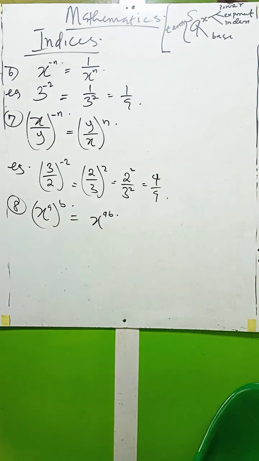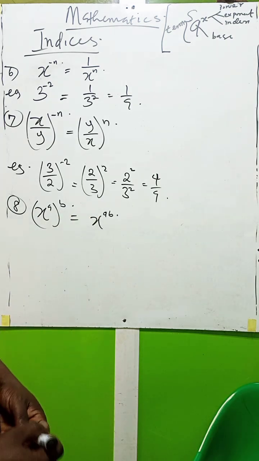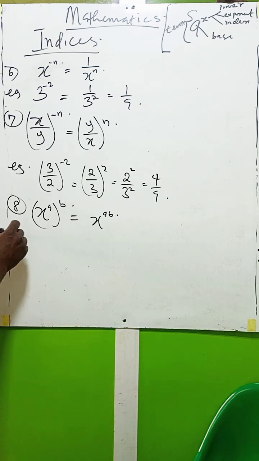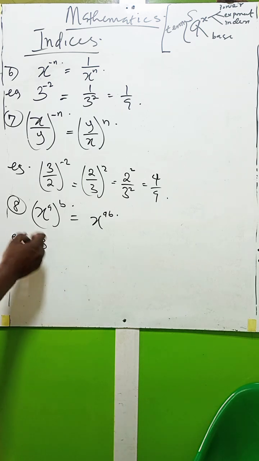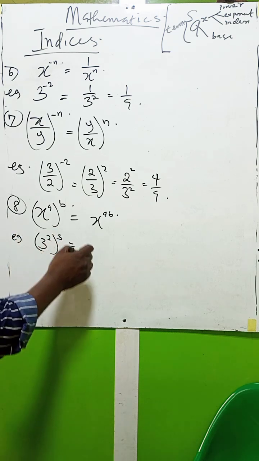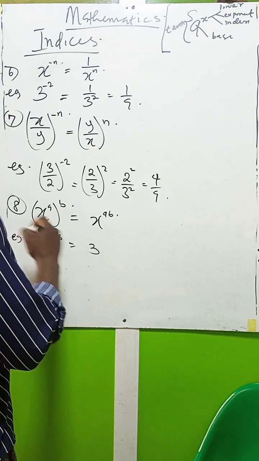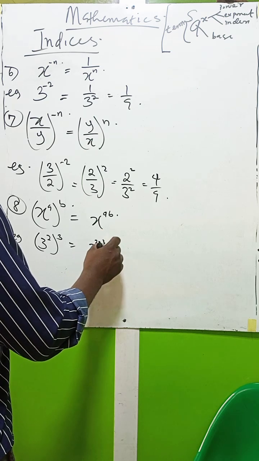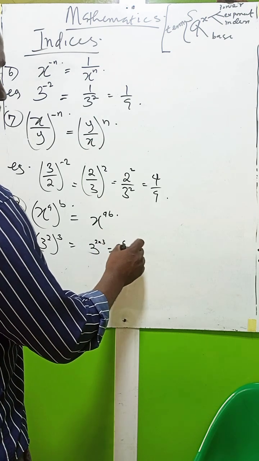The powers multiply themselves. For instance, let's do an example. E.g., 3 raised to power 2, bracket raised to power 3. This becomes 3 raised to power 2 times 3, which is 3 raised to power 6.